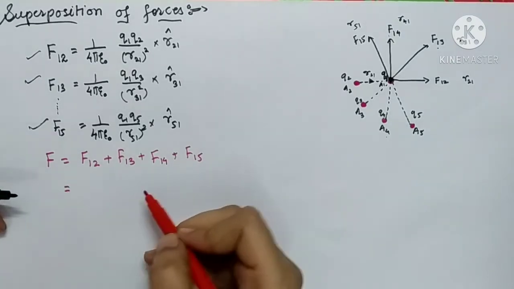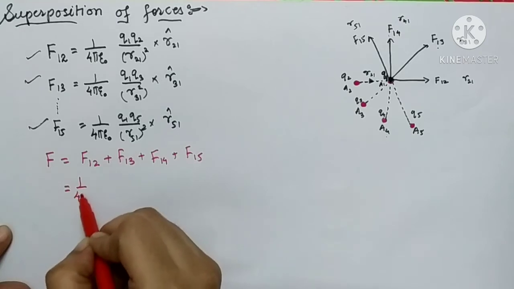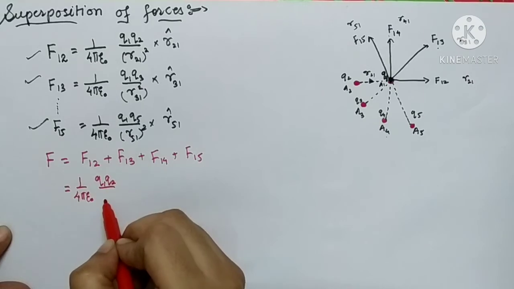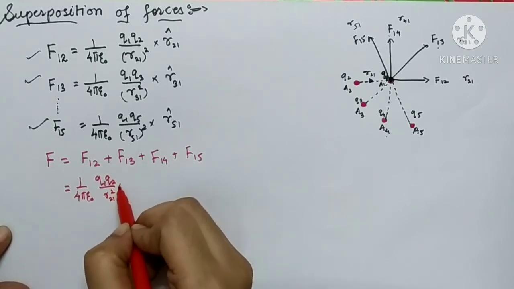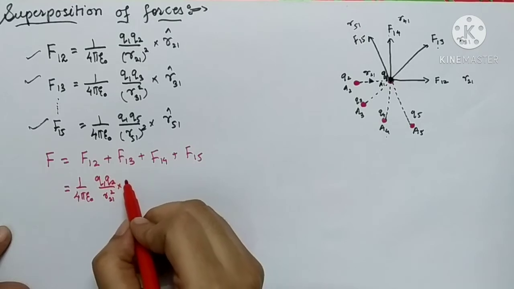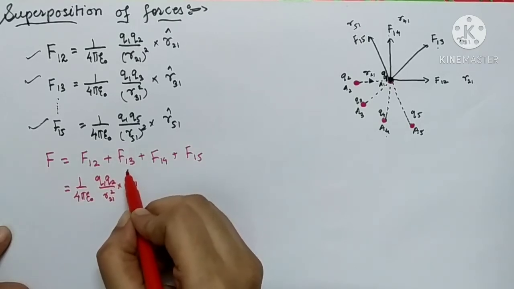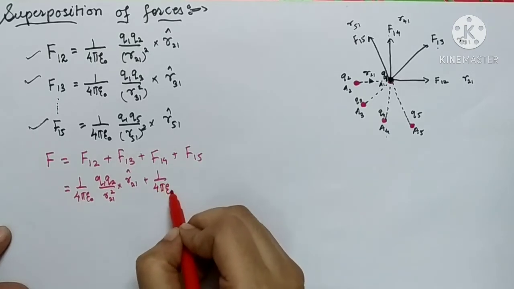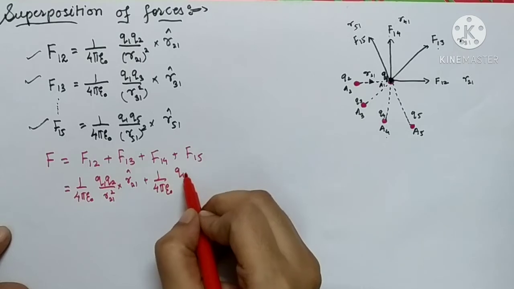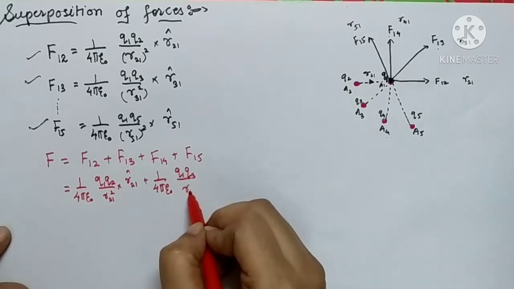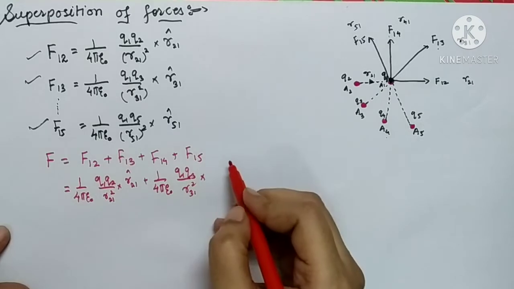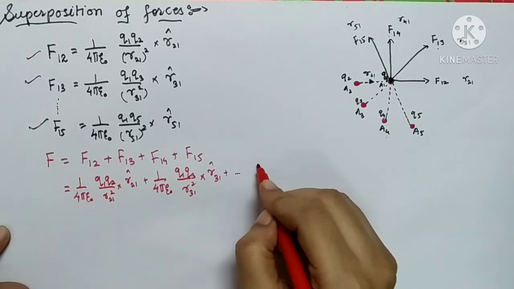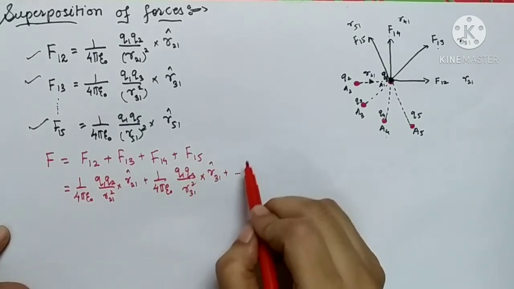When you substitute their equations, it is 1 upon 4 pi epsilon 0 into Q1 Q2 upon R21 square into R21 hat, plus 1 upon 4 pi epsilon 0 Q1 Q3 upon R31 square into R31 hat, plus similarly you can go on writing it for the remaining forces.